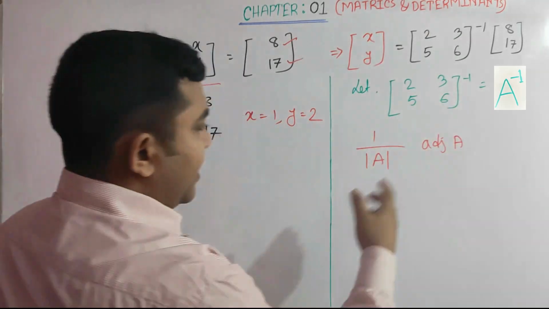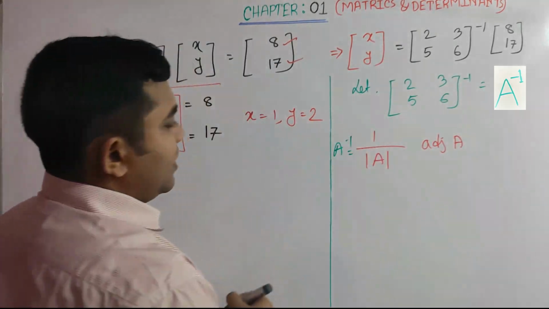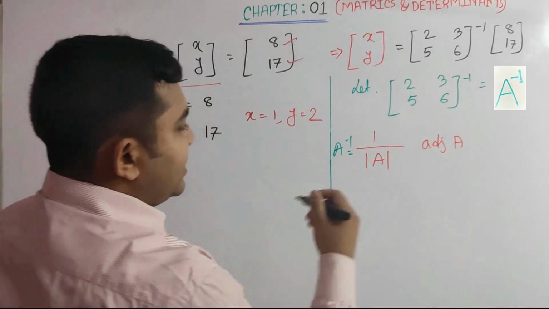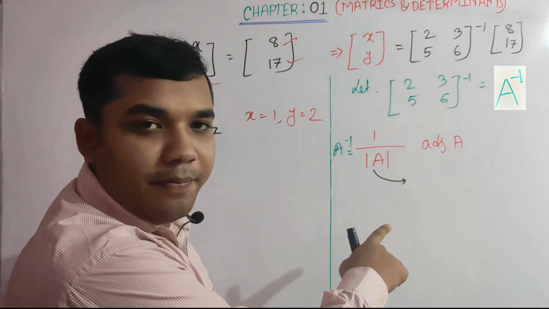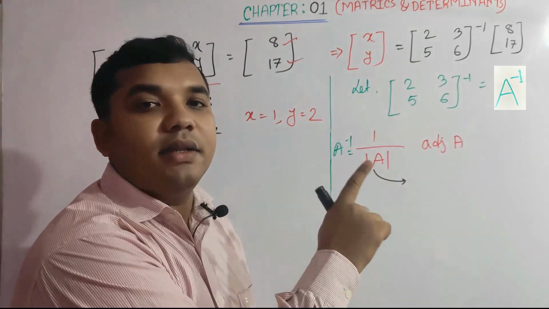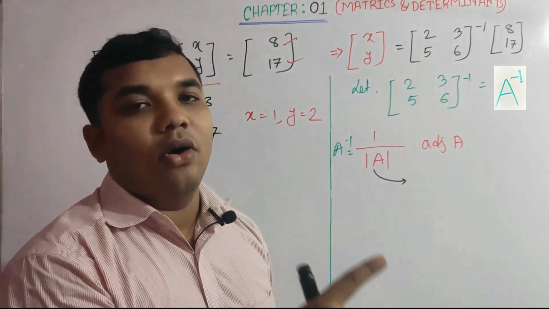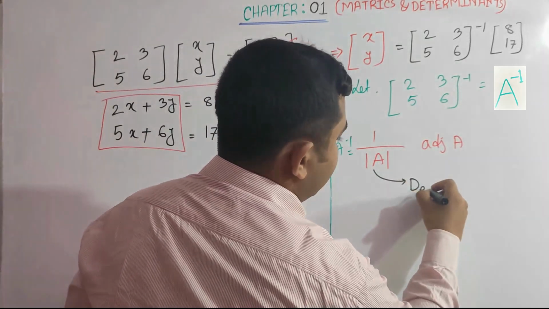So from this part we have to think about 4 or 5 things. What is this? This is the determinant of A. That means the determinant of A determines whether the matrix A is invertible or not. So here it represents the determinant.